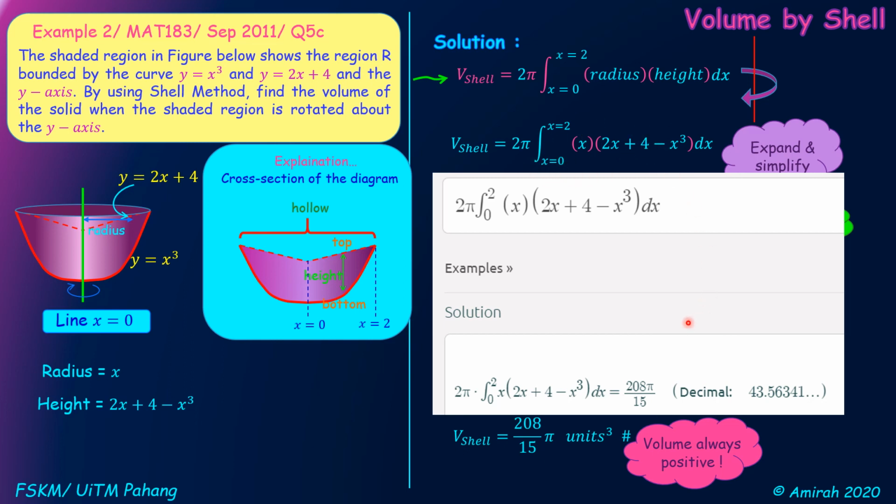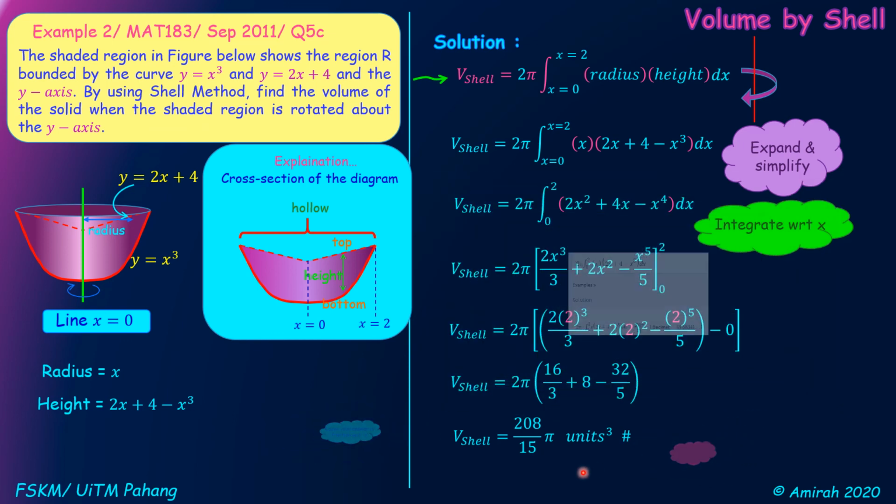Maybe we made a mistake when we integrated or when we substituted the lower and upper limit, or maybe we made a mistake when we found the radius or height. We just leave the answer in fraction and pi, because it is more accurate compared to decimal. Got it?